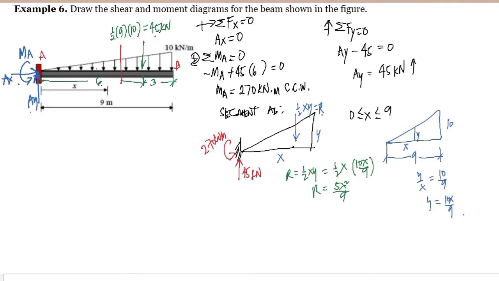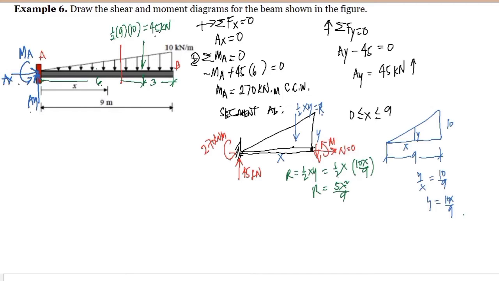Okay, so in order for us to determine the equation for the shear, we just summate the forces vertical is equal to 0. Since we cut the beam here, then we exposed the shear and the moment. And of course, we have the normal reaction, which is just equal to 0. So, in the previous problems ay hindi ko na siya pinapakita.